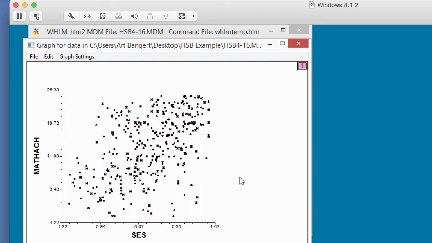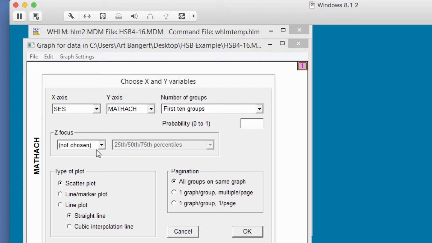So this is an indicator that we do have variability between schools that needs to be accounted for when estimating our models.